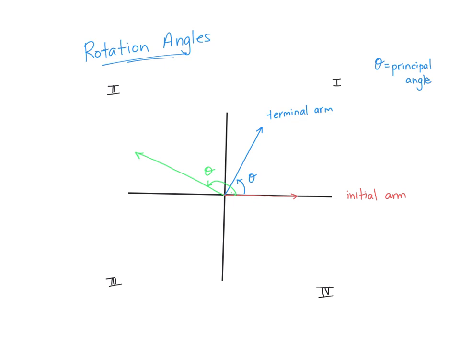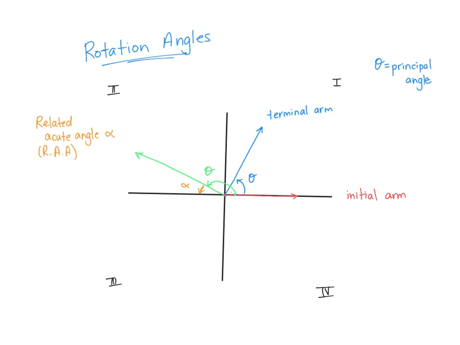We also know that a principal angle can form a related acute angle, and that related acute angle is the angle that is created between the terminal arm and the x-axis. Often we represent that related acute angle with alpha. So I have my related acute angle, alpha. You will also sometimes see this as RAA.